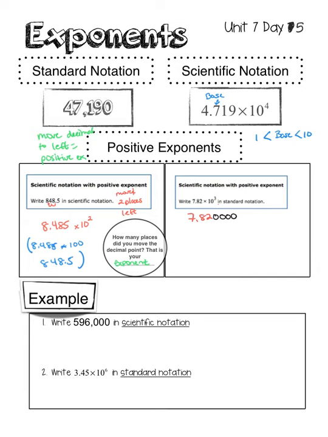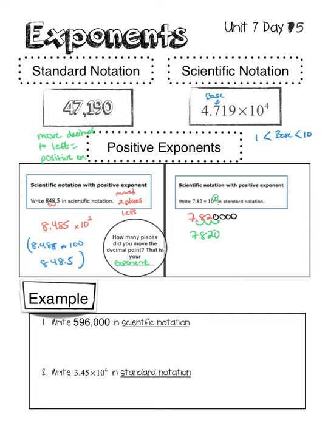Now, I have to move the decimal. I've got to move the decimal 3 places because I'm undoing the scientific notation. So I'm going to move it 1, 2, 3. So my final answer is 7,820.